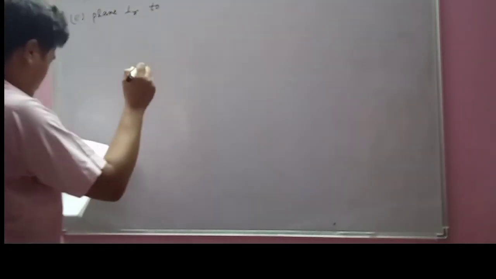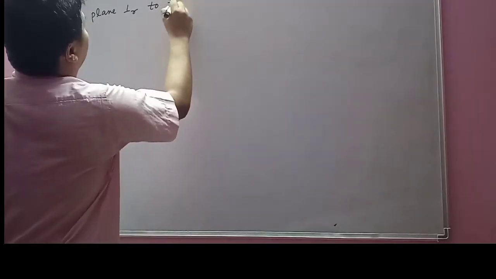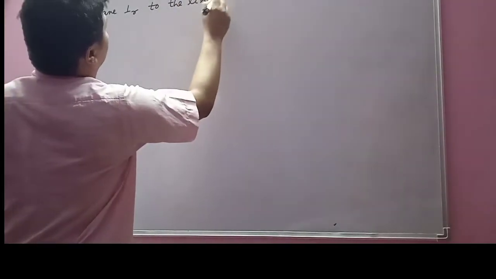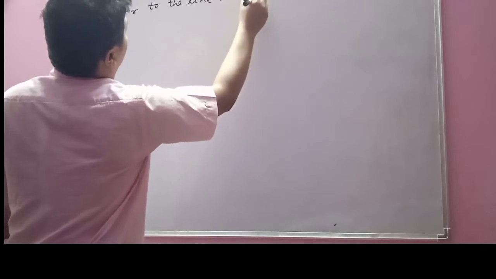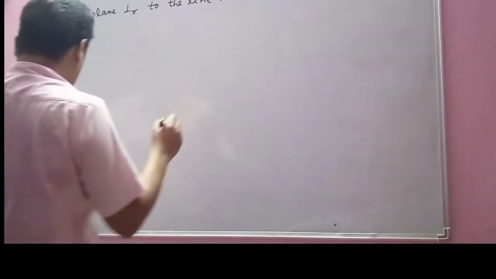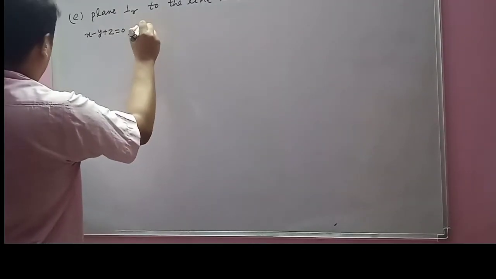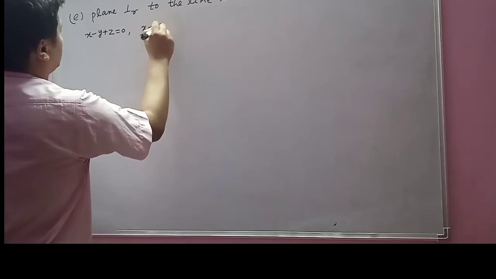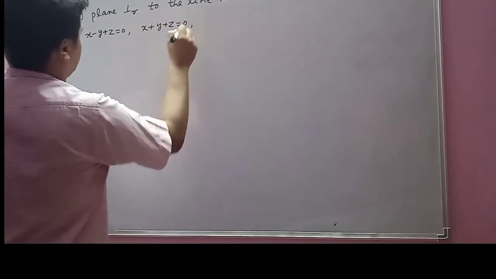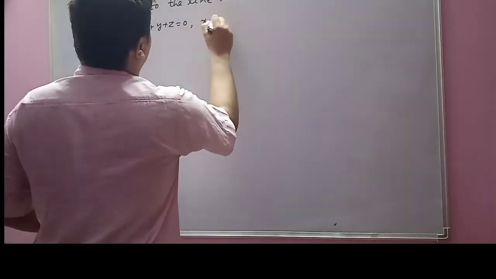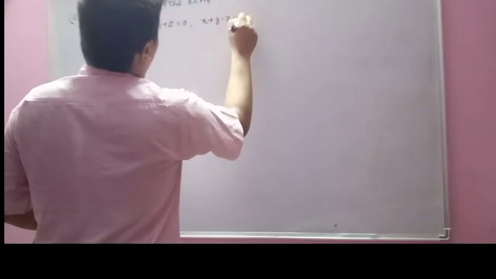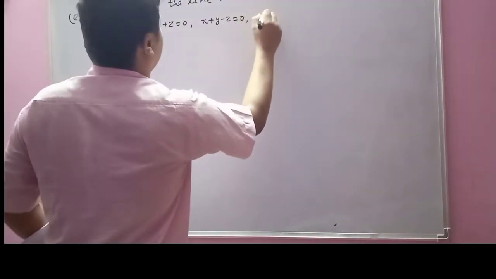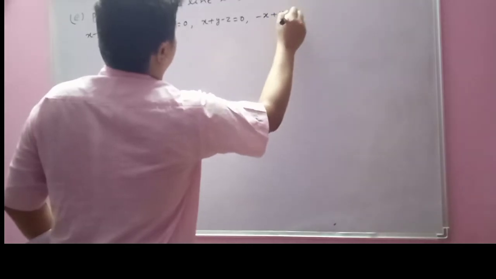Plane perpendicular to the line x equal to y equal to z is, options are given: x minus y plus z equal to 0, x plus y plus z equal to 0, x plus y minus z equal to 0, minus x plus y plus z equal to 0.